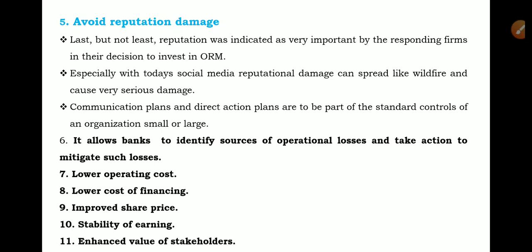Every organization, by using the tool called operational risk management, can maintain safety, avoid reputation damage, comply with the rules and regulations of the government, enhance their reputation, improve their performance, and avoid unplanned shutdowns. And these are the reasons why to invest in operational risk management. Hope you understand.